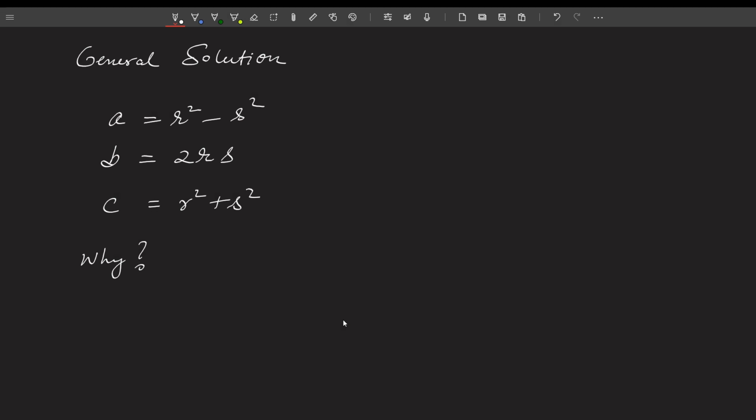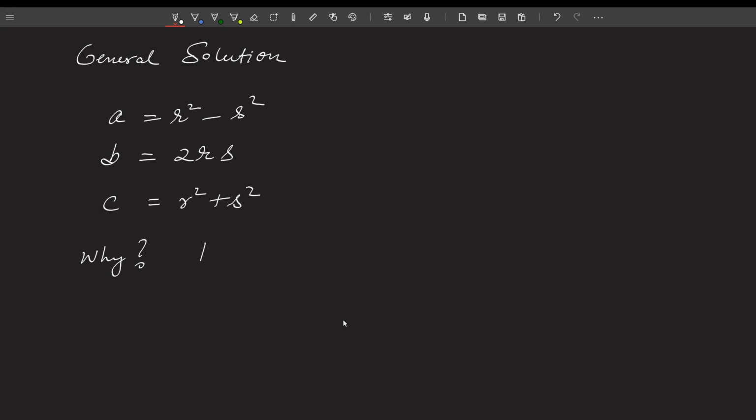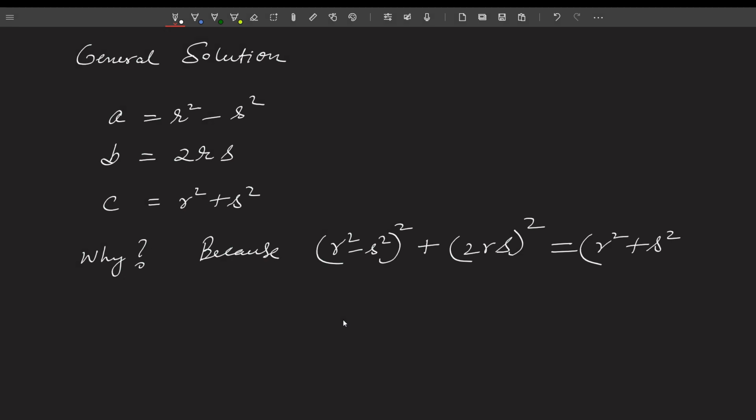If you have three numbers, then what you can do is you take the square of a, which is the square of r squared minus s squared, add to it the square of b, which is twice rs squared, and this will be exactly equal to r squared plus s squared, the whole square.